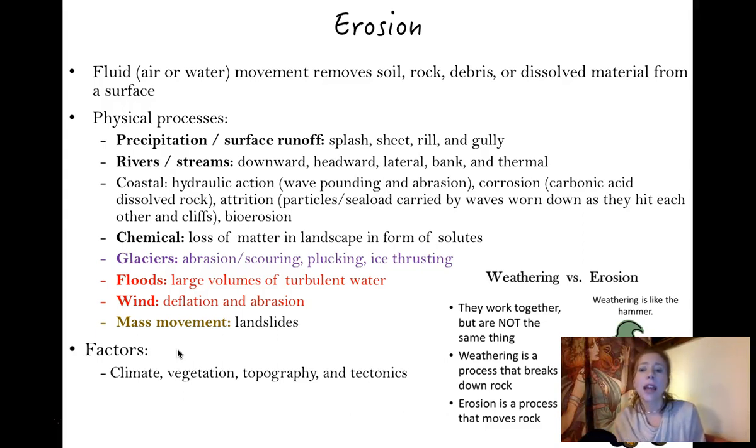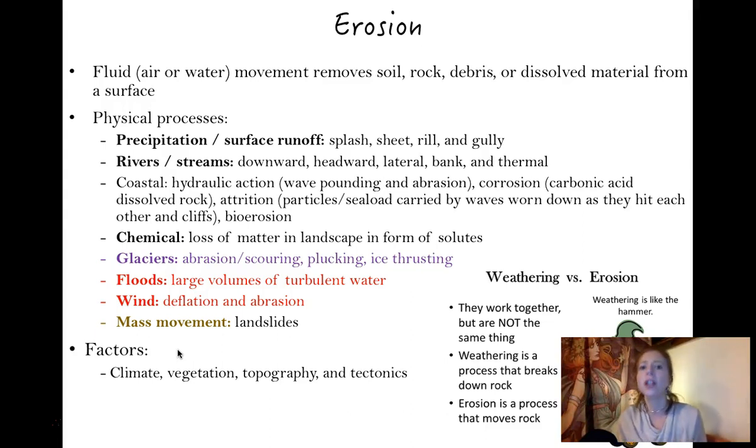Coastal, you get hydraulic action. So you get some wave pounding and scouring, because remember, ocean water is salty, so it's like sandpaper. It's really good at scouring away rock. So pounding, abrasion, corrosion, because there's carbonic acids. There's also some suspended and dissolved rocks in there too, so it's very effective.